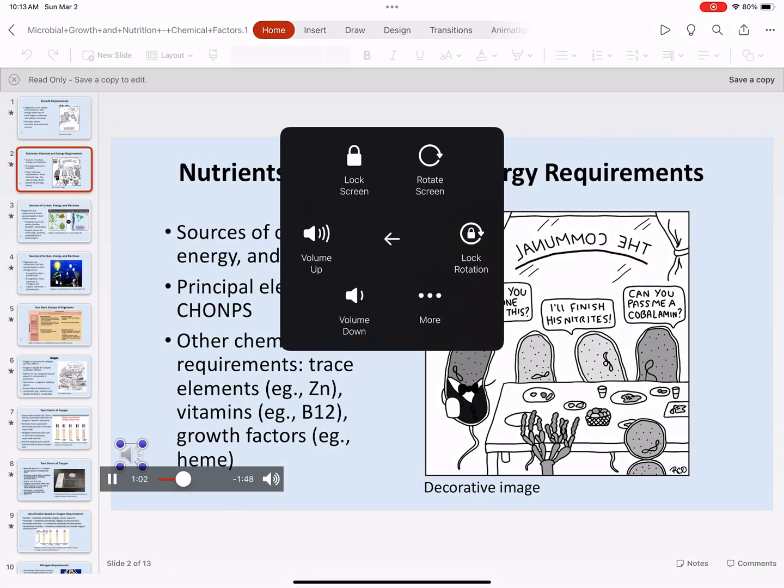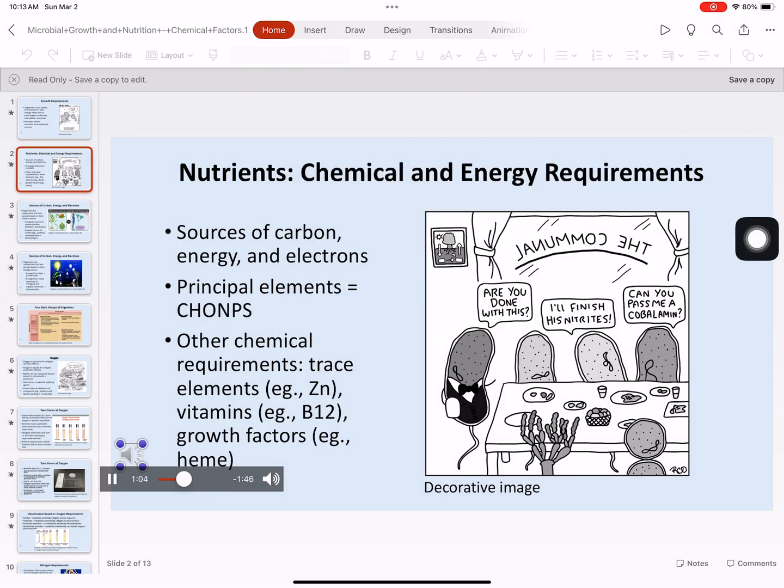However, there are other chemical requirements, just like there are for us. For instance, some microbes require trace elements, just like we do, things like zinc. Microbes can also require vitamins, just like we do.